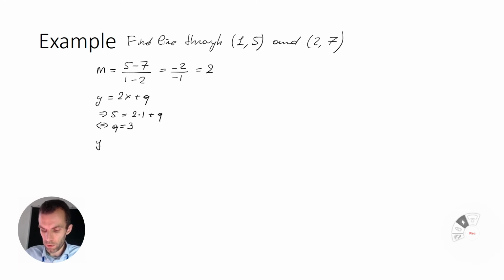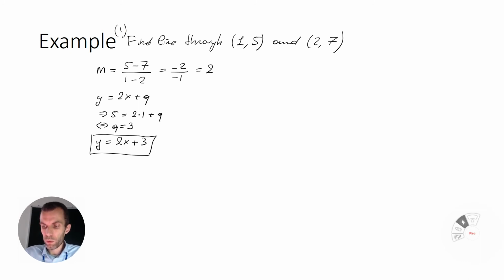And as a result, we end up with 2 times x plus 3 for our line. You can substitute these points back in the line. You should get that they indeed are on there. If they're not, then you've made a mistake.